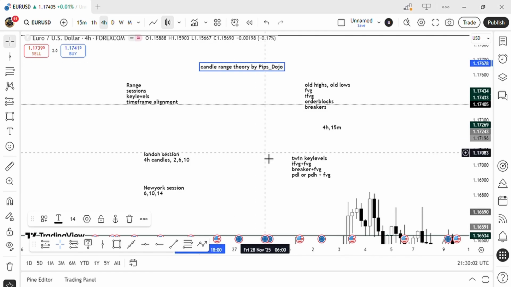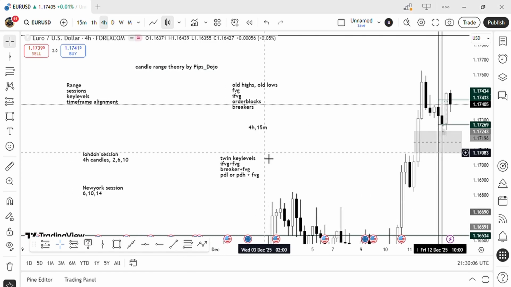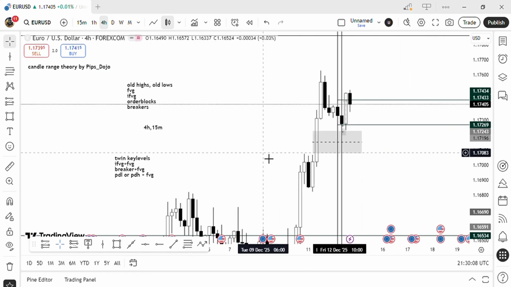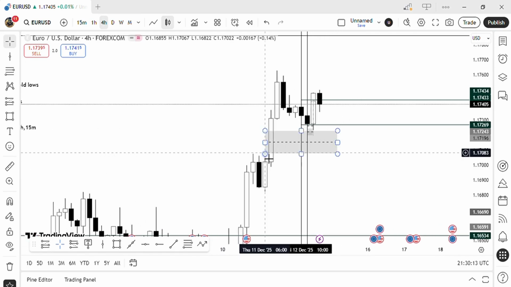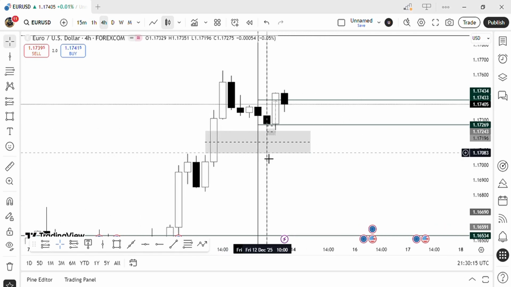If you can master this, I'm sure with discipline and patience and consistency, you can find your way around the market and trade effectively and profitably with this CRT model.